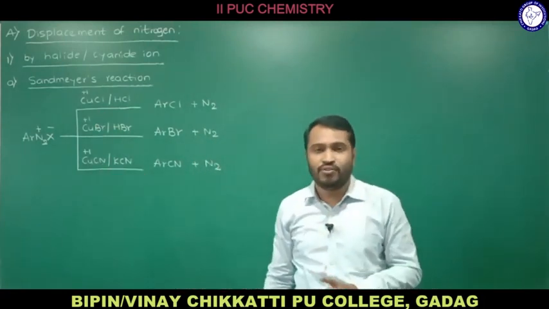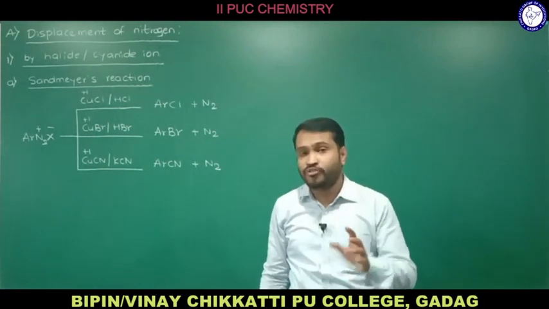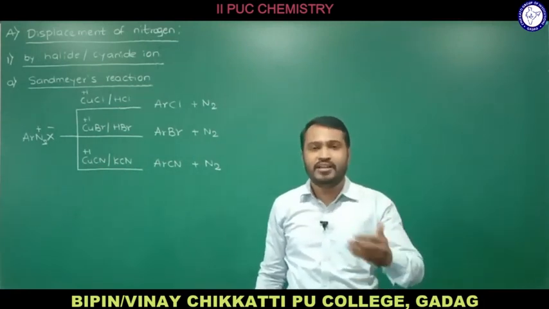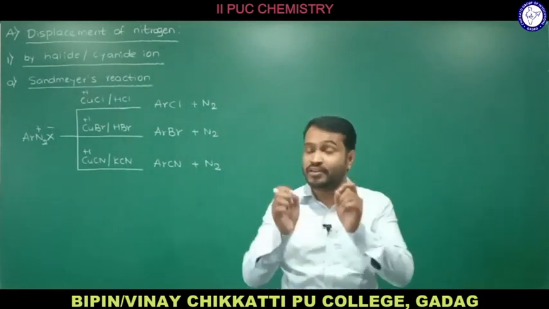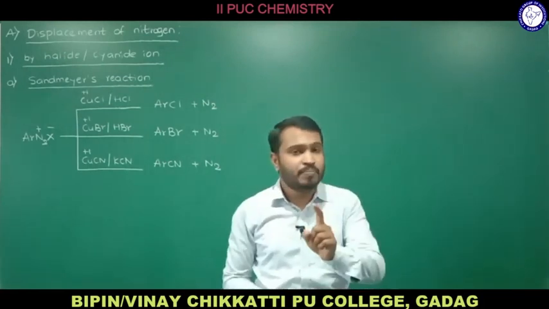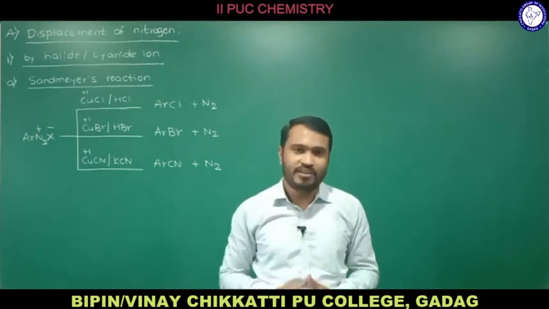This reaction we call Sandmeyer's reaction. Introduction of nucleophiles like Cl minus, Br minus, CN minus into the benzene ring of the diazonium salt in the presence of Cu plus ions is called the Sandmeyer reaction.